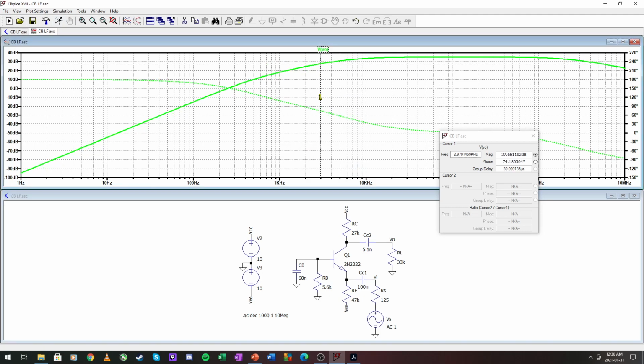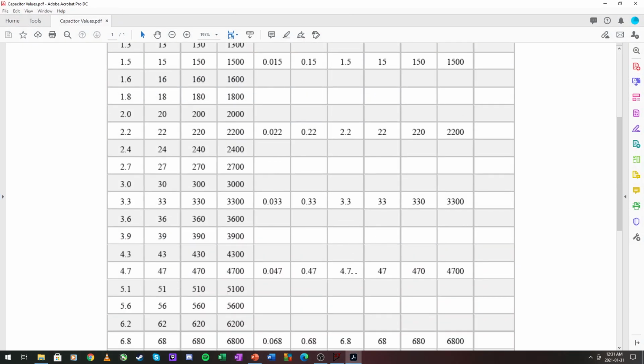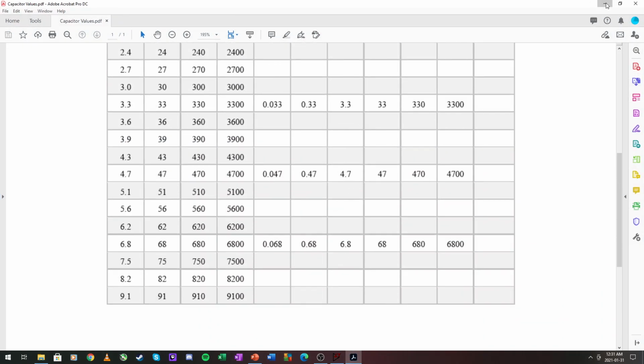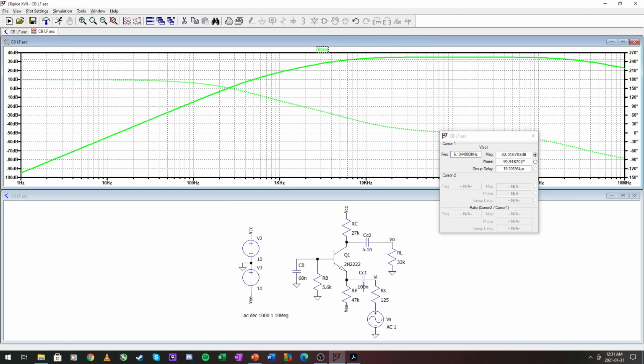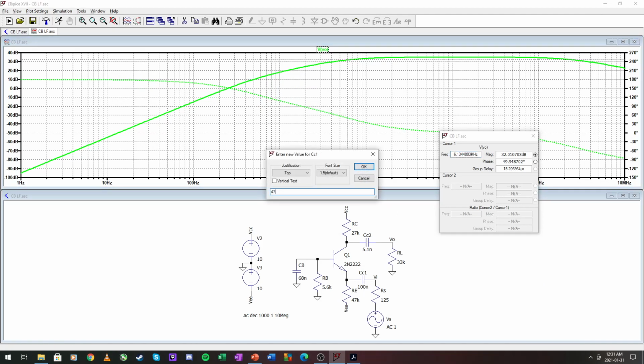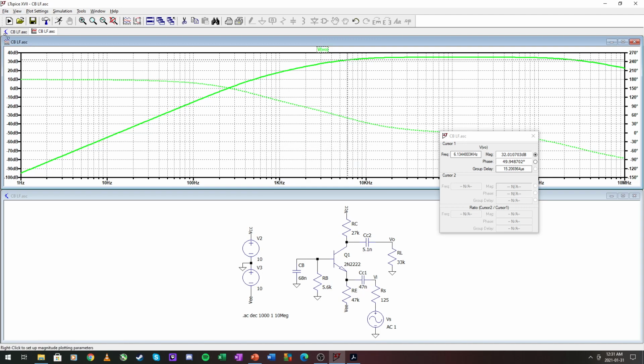So you drove the frequency downwards. If you look for 42, that is now at 6 kilohertz. Choosing it down would be 400, so it should be 47 nanofarad.